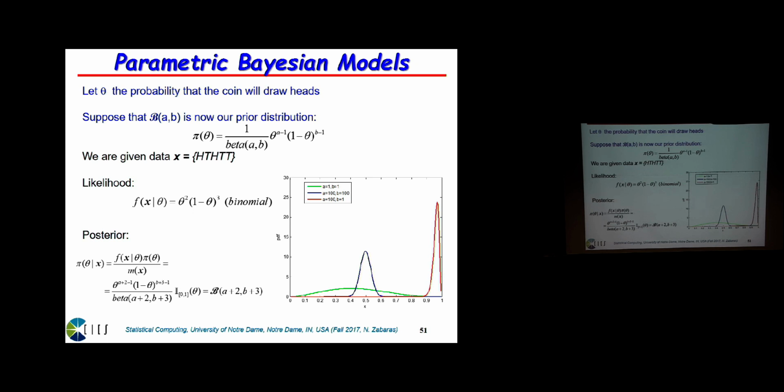What's the nice word? Conjugate. Okay? So many things in statistics use conjugate prior models simply because the only thing you have to do when you collect data is update the parameters alpha and beta. Okay? And this is a trivial example of doing that.